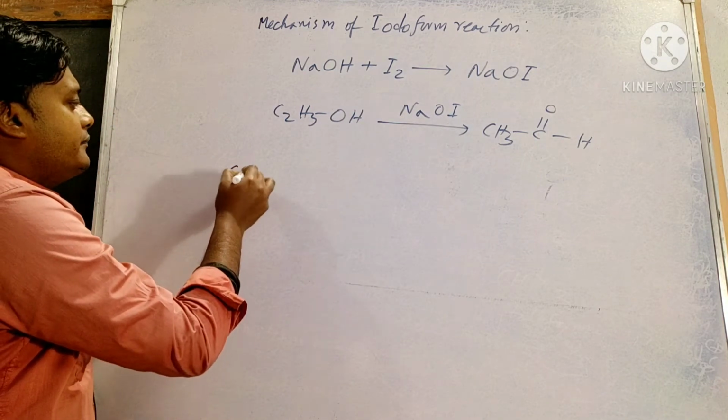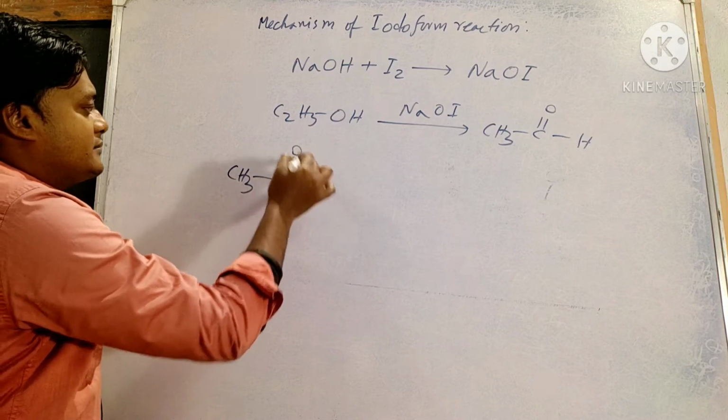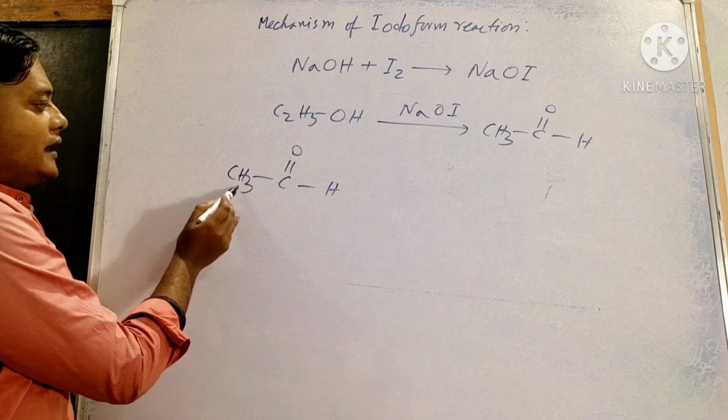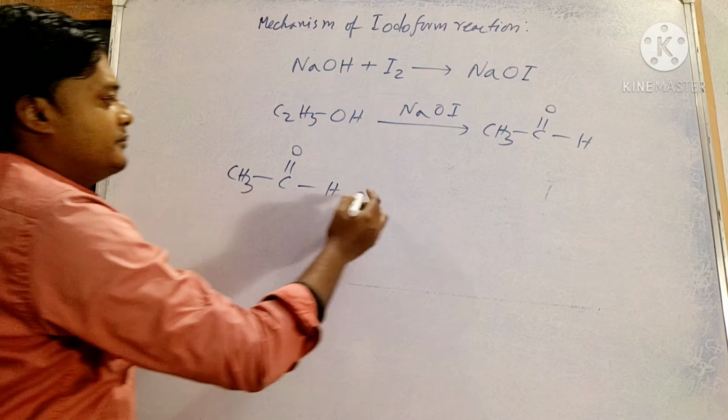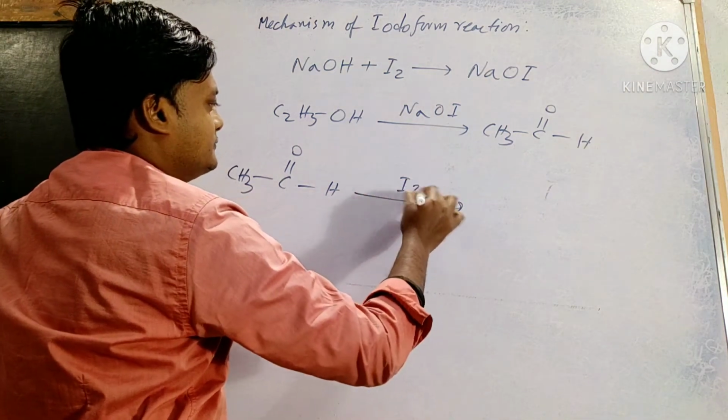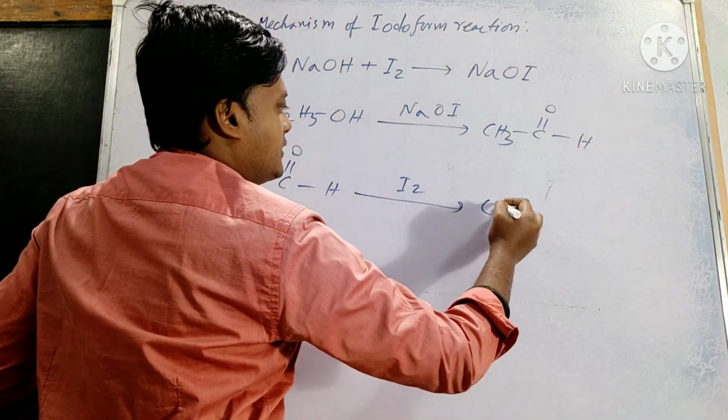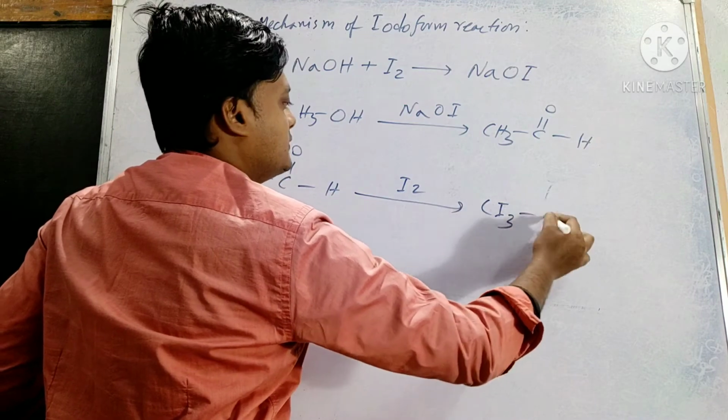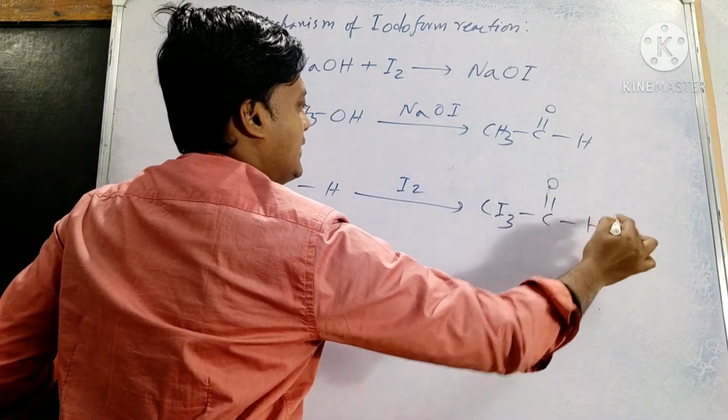Next, what happened? Now iodination takes place. All the three hydrogen of that methyl group replaced by iodine. Iodination step. So CI3CHO.